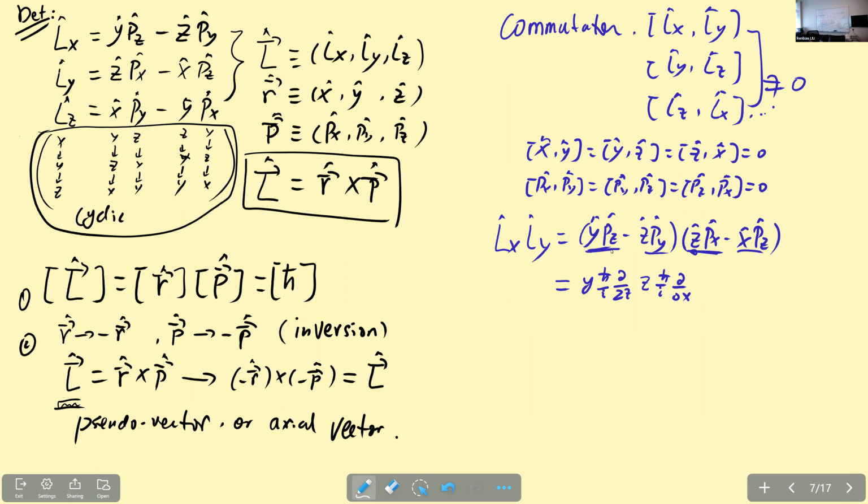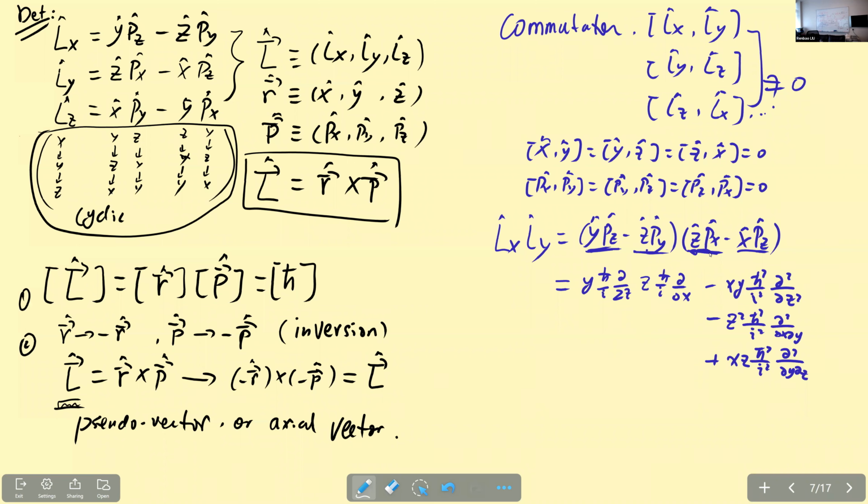That's the first term. And then this one is simple: minus xy h bar squared over i squared, partial z squared. And then this one and this one are also simple, so that's minus z squared h bar squared over i squared, partial x and partial y. And then the last term is plus xz h bar squared over i squared, partial y partial z.